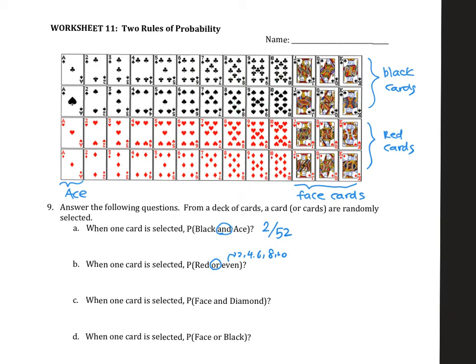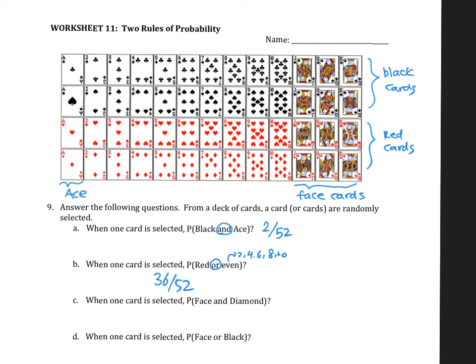Red cards, there are 13 and 13, so there'll be 26, and then 28, 30, 32, 34, 36. So I can literally count and get 36, so 36 over 52 if you just count.